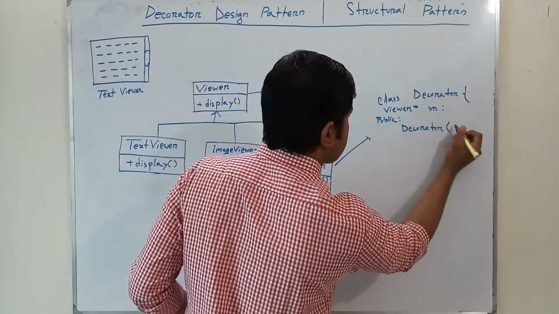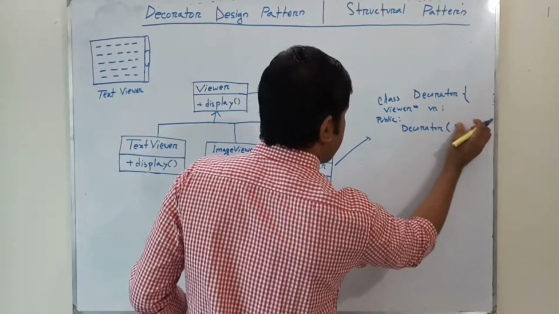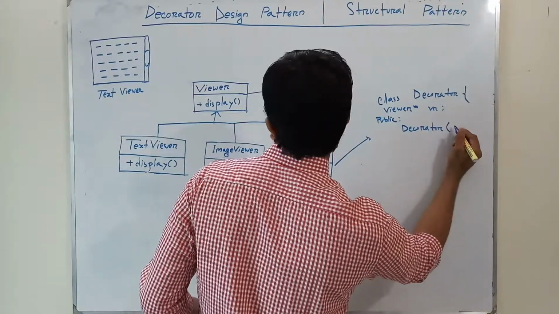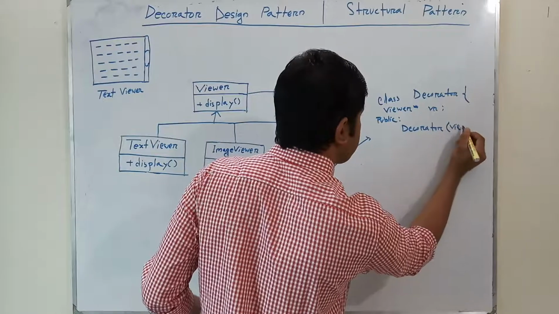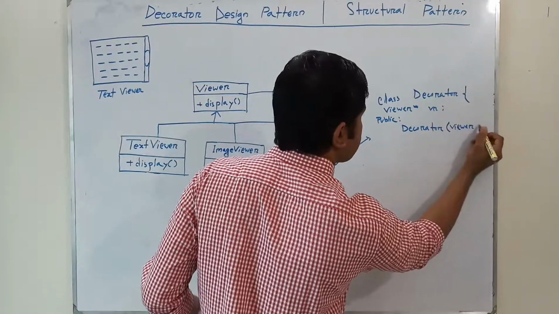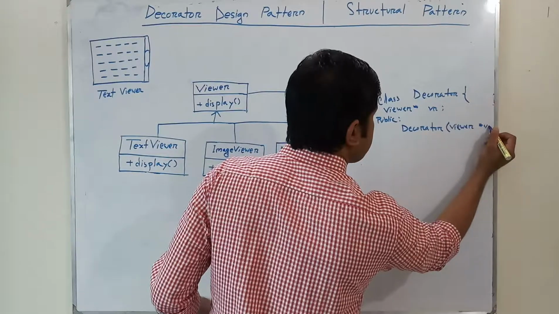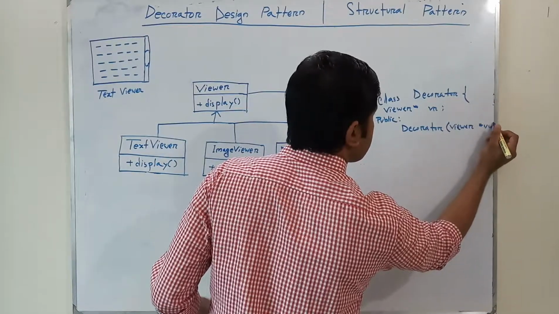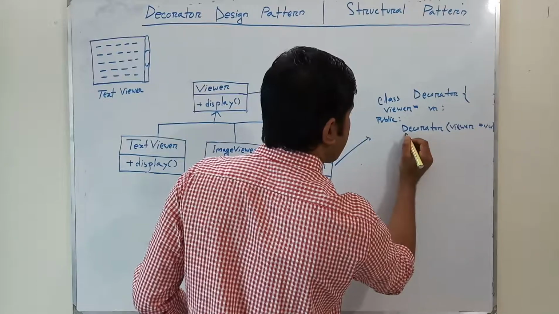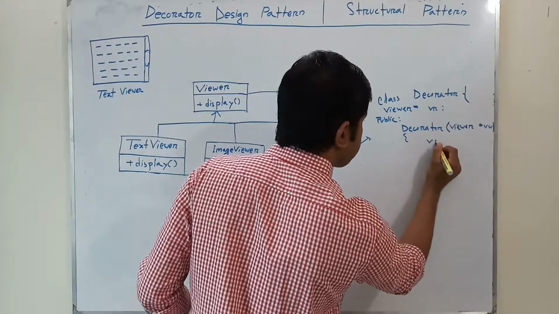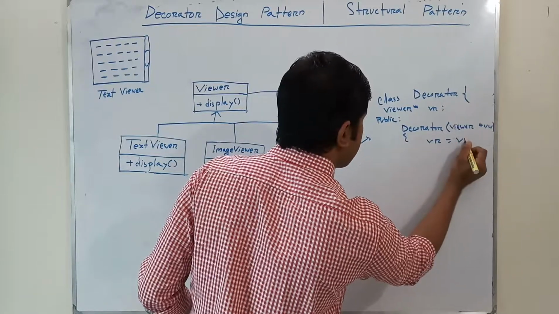It will accept the object that is of viewer type, VW suppose, and it will store it into here, VW.